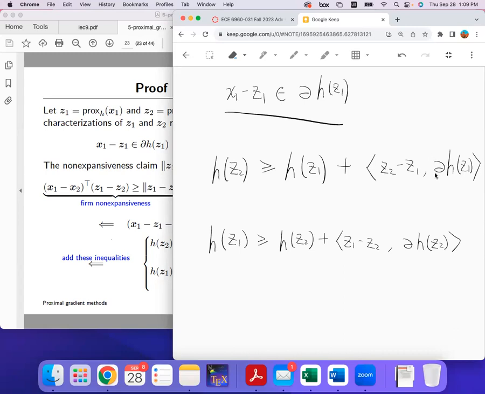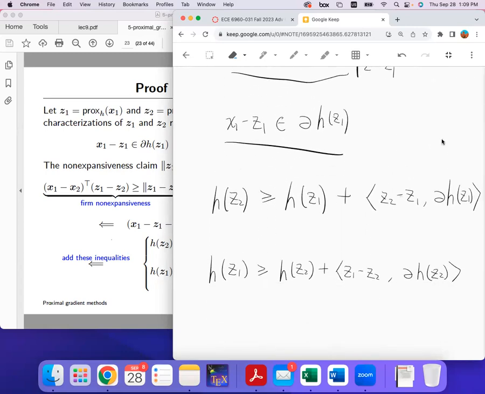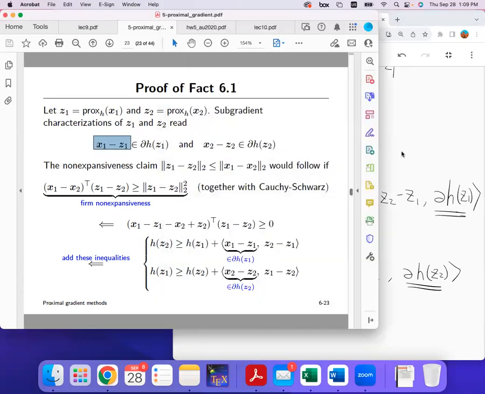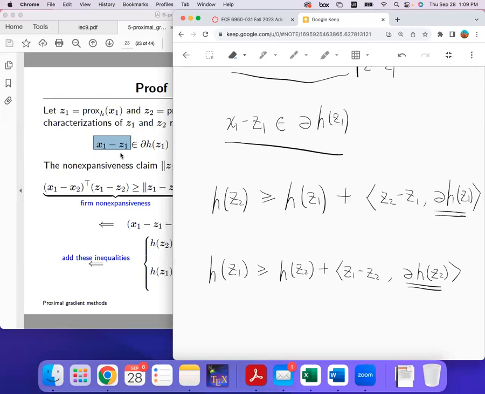And then we have shown that for this subdifferential, this x1 minus z1 is in this subdifferential. So I can plug in this vector into here. Because by convexity, this inequality holds for any point in this subdifferential.